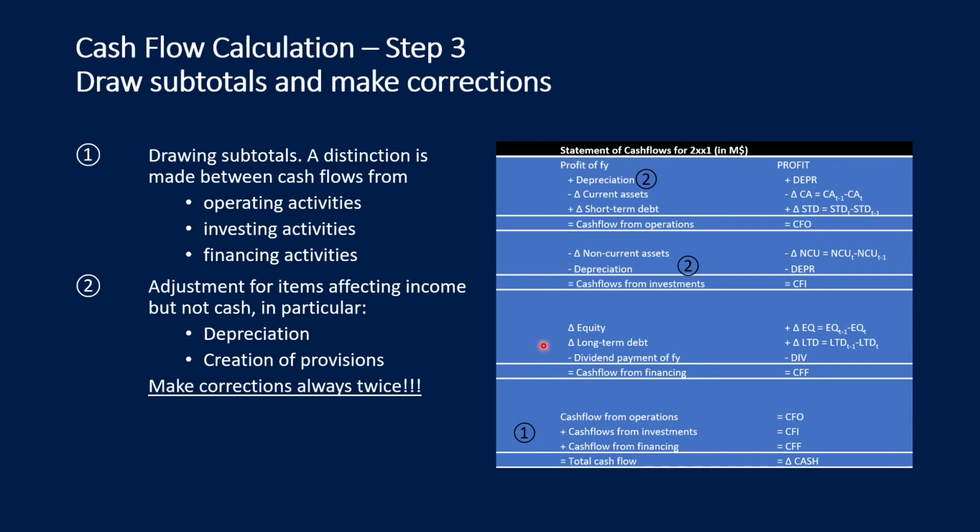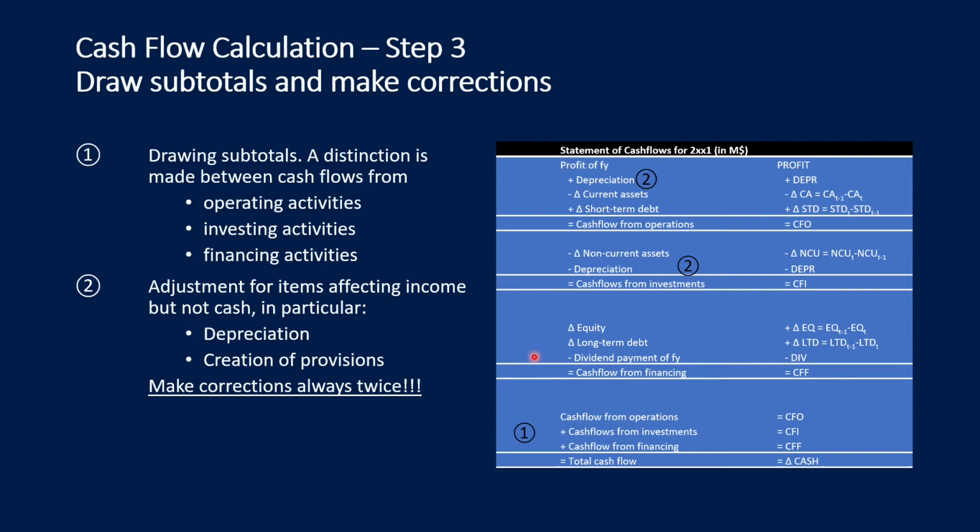And the cash flow from financing, of course, is composed of the financing, which is made of the equity and the long-term debt. So the change in equity and the change in long-term debt and the dividend. The profit is the retained earnings, right? But the dividend has to be deducted here since it is part of the financing. That's the cash flow from financing.